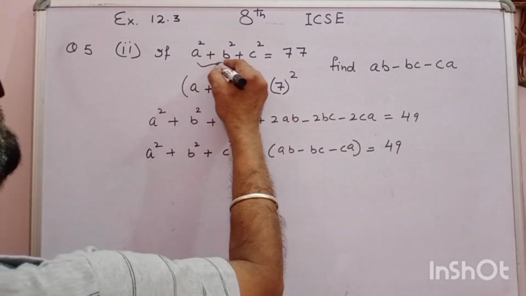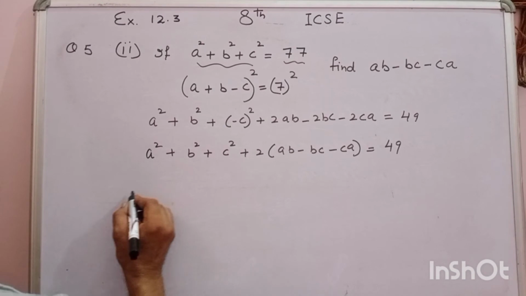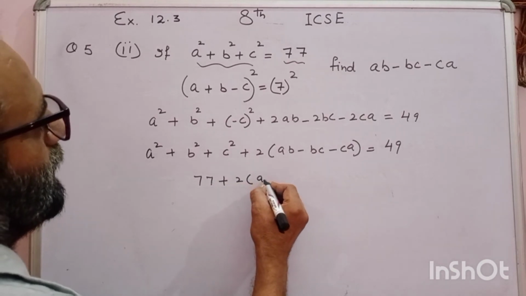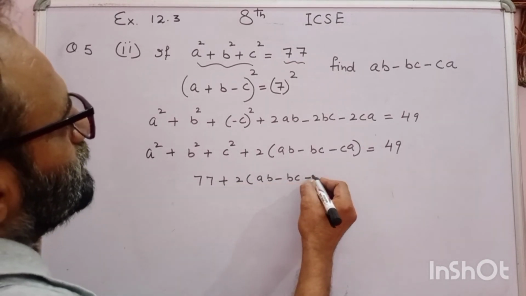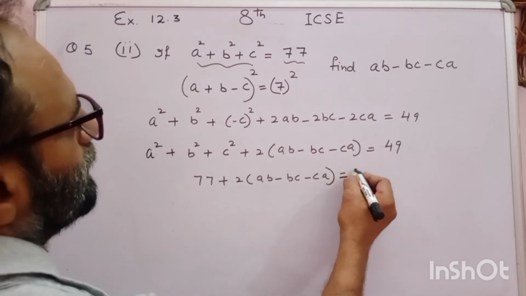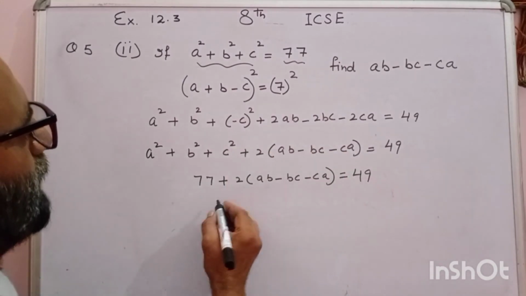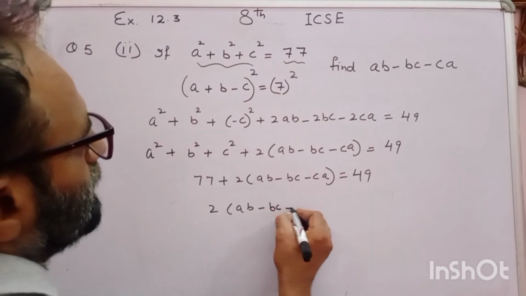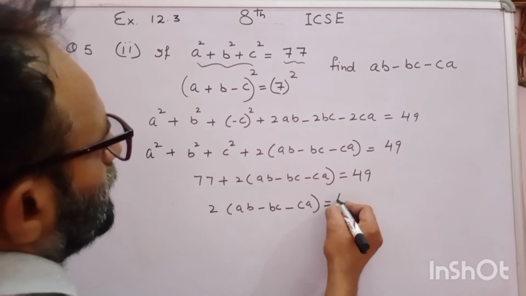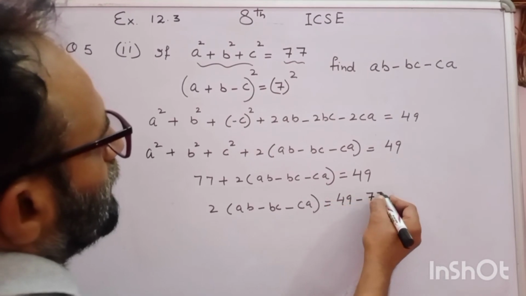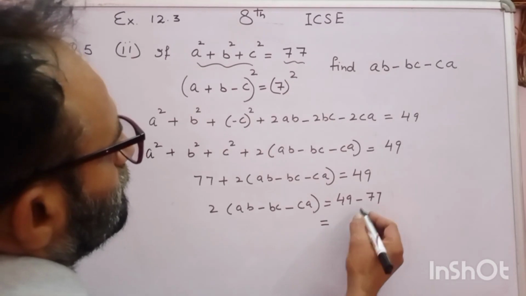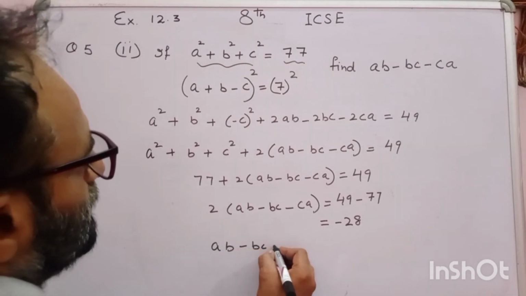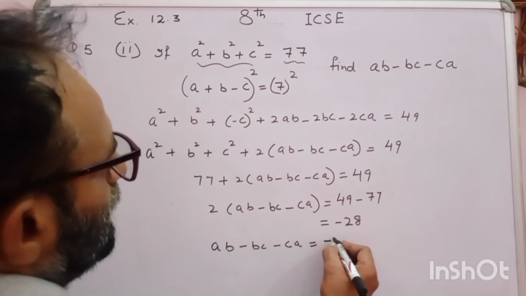Now we put a² + b² + c² is equal to 77. So it becomes 77 + 2(ab − bc − ca) is equal to 49. 77 will be subtracted on the other side. 2(ab − bc − ca) is equal to 49 − 77, that is −28, and ab − bc − ca we will get −28 over 2.